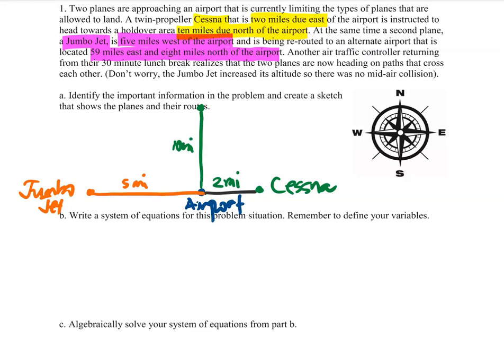So from this airport, 59 miles. So let's say it's here, 59 miles, just an example.